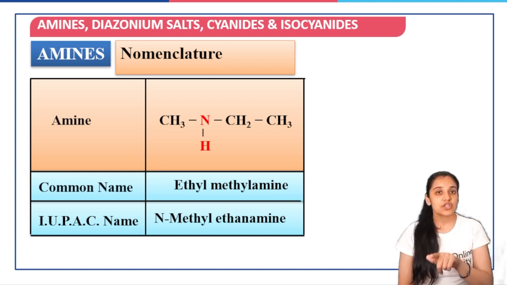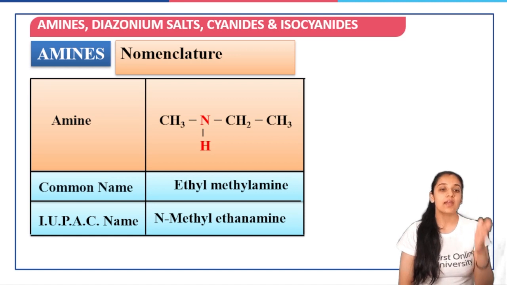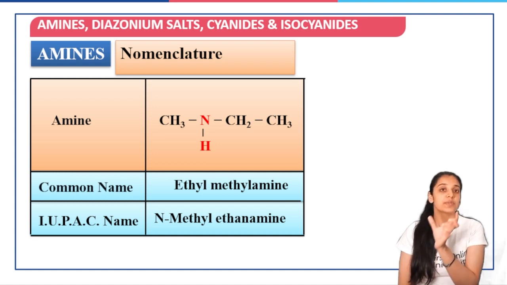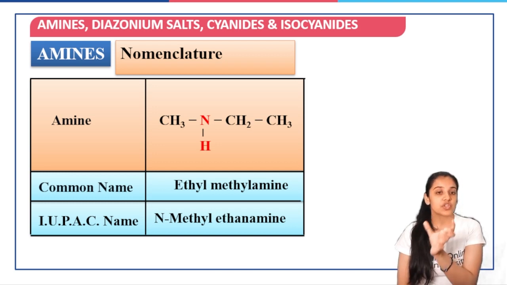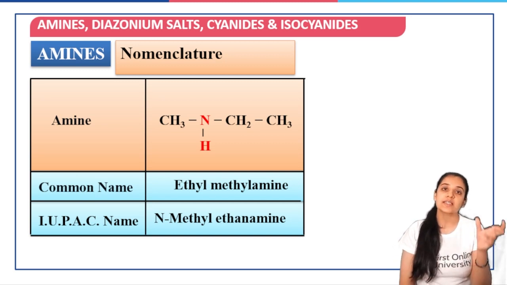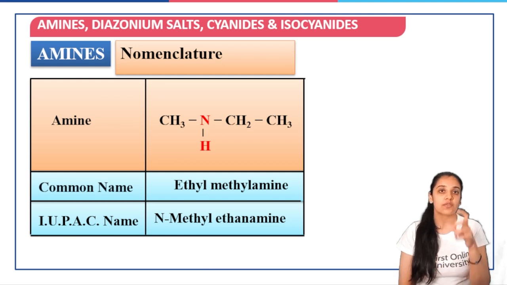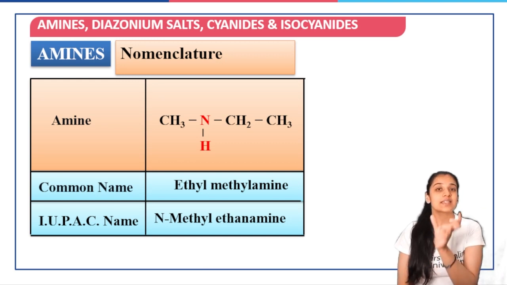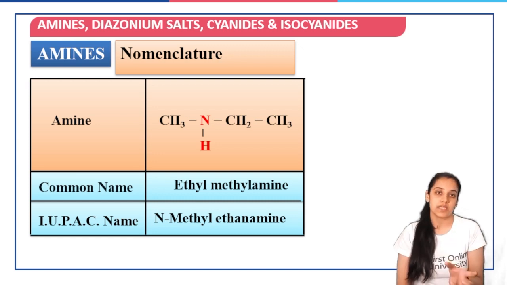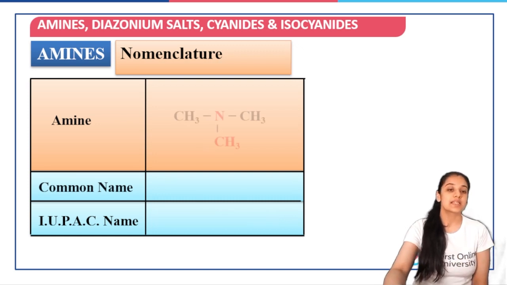Since it is attached to nitrogen, we call it N-methyl, and the longer carbon chain is treated as the parent chain, which is ethane here. So ethanamine. So N-methylethanamine. Methyl is treated as a substituent attached to nitrogen, therefore N-methyl, and the rest is the parent chain including the nitrogen atom. So ethanamine. I hope this is clear.